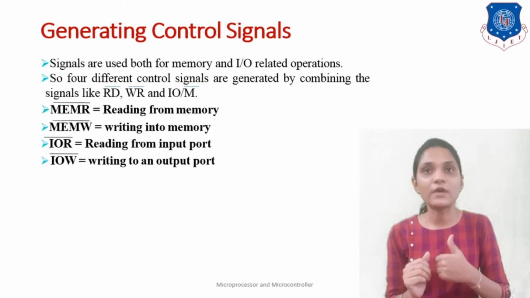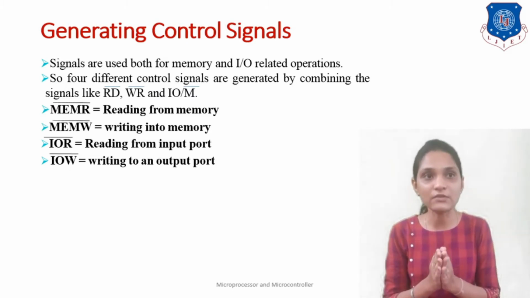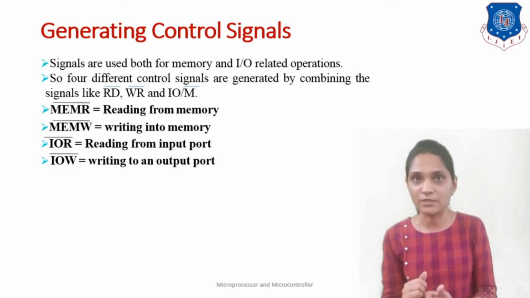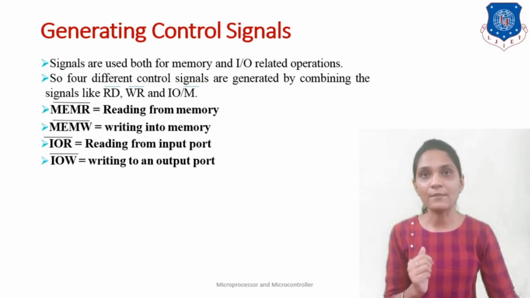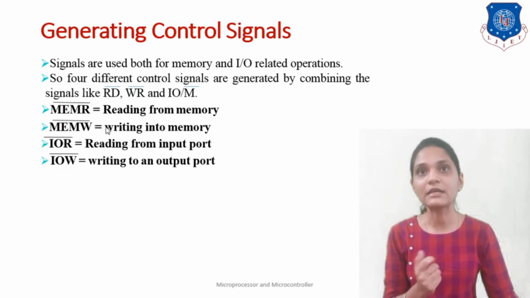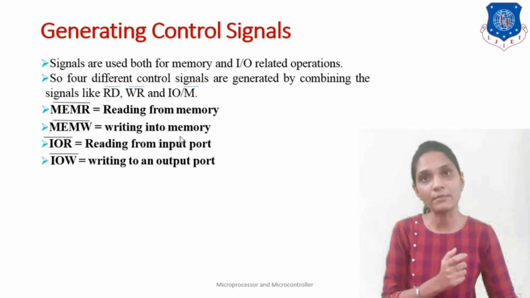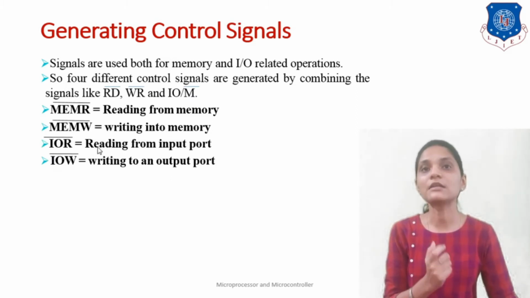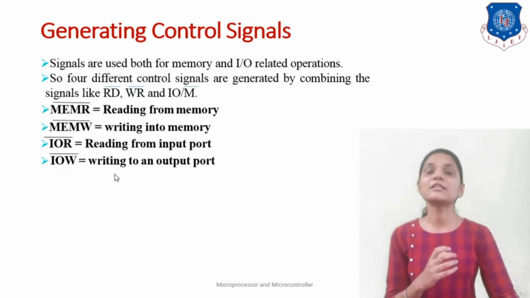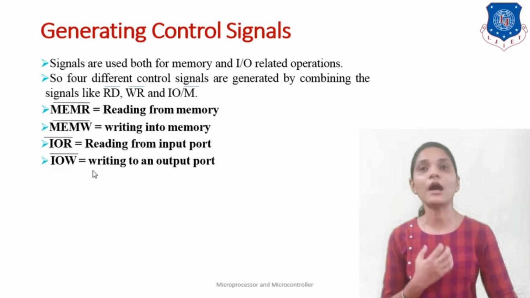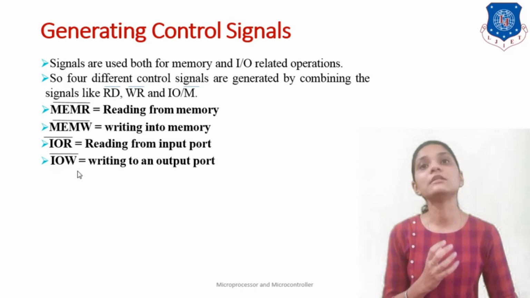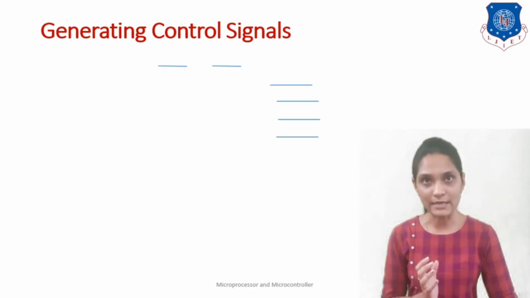Whenever its value is 0, that means this signal is activated, and whenever its value is 1, that means this signal is deactivated. So we have MEMR bar for reading data from memory, MEMW bar for writing data into memory, IOR bar for reading data from the input port, and IOW bar for writing data into the output port. These are the active low control signals that we require for the particular task.